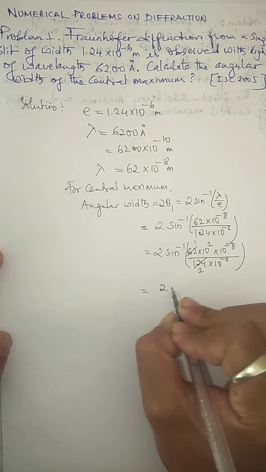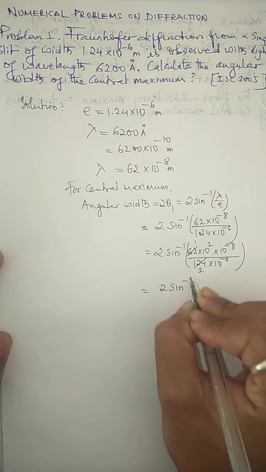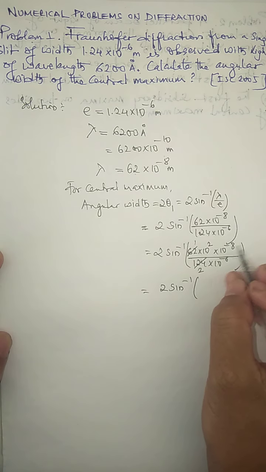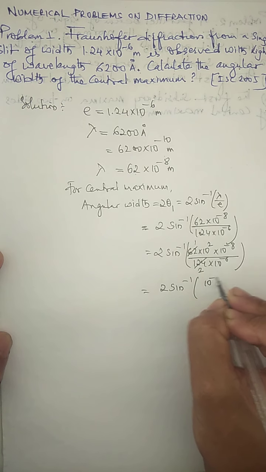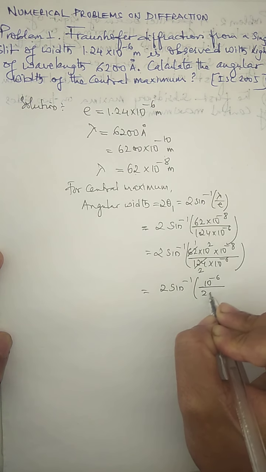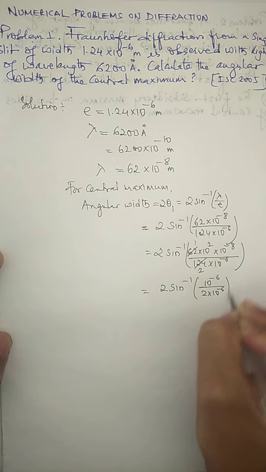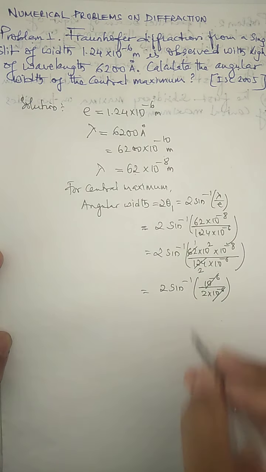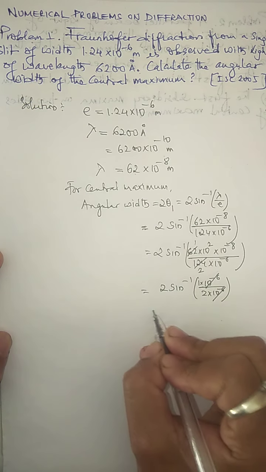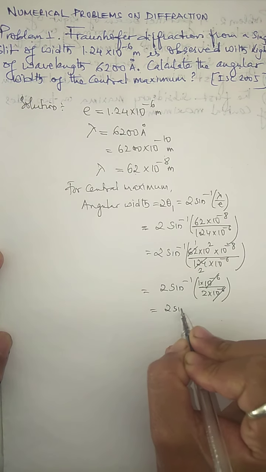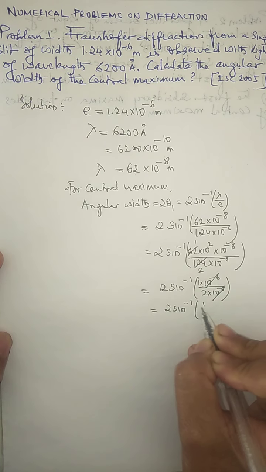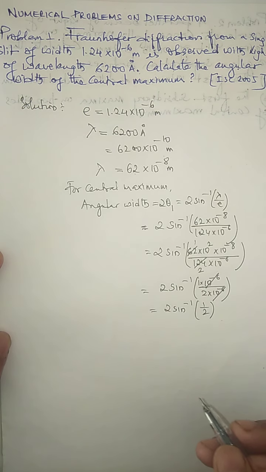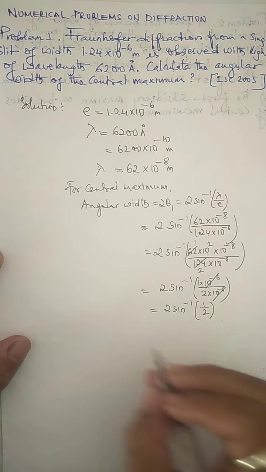Now again we can further simplify. 2 sine inverse of 10^2 × 10^-8, which is 10^-6, by 2 × 10^-6. The 10^-6 cancels out, leaving 1 in the numerator, so 2 sine inverse 1 by 2. Children, you know the value 1 by 2 is sine 30 degree.